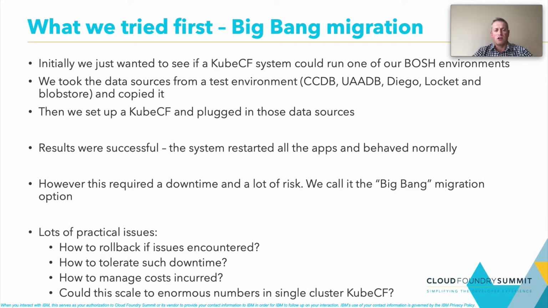And then we stood up a KubeCF system and configured it to point to those data copies. And we were really successful. It was great. The system came online, and we saw successful startup of all the applications, as you'd expect, because Diego, BBS saw those applications, and it was able to pull the droplets from the blob store and stand all the applications up and get them running.